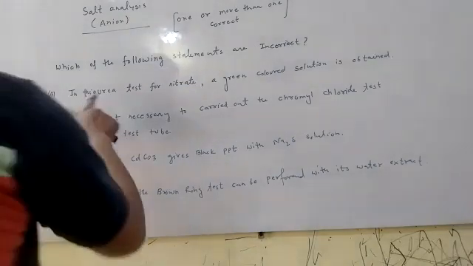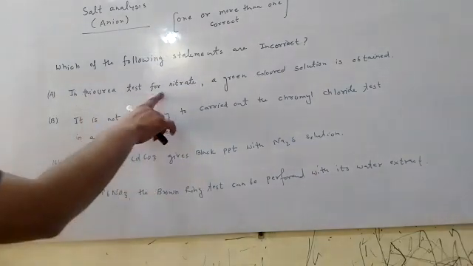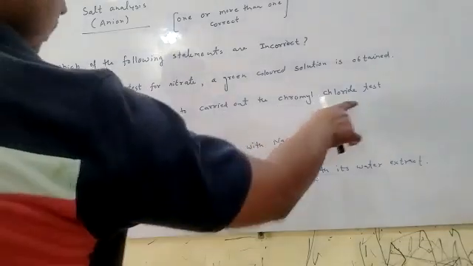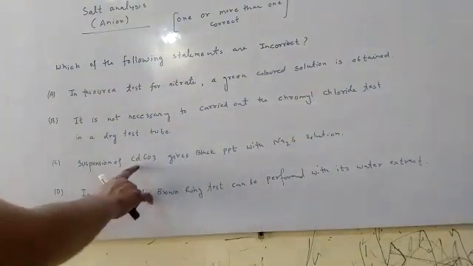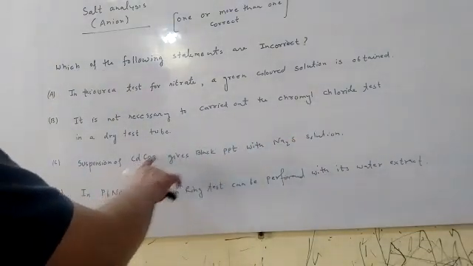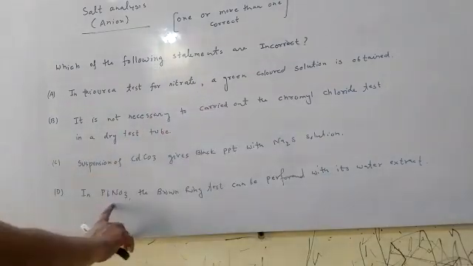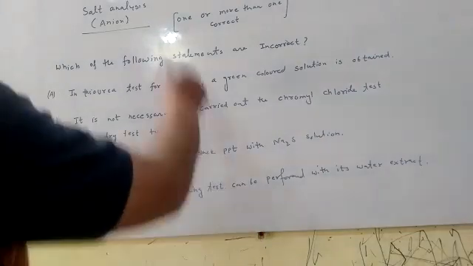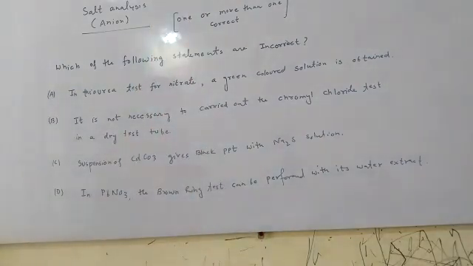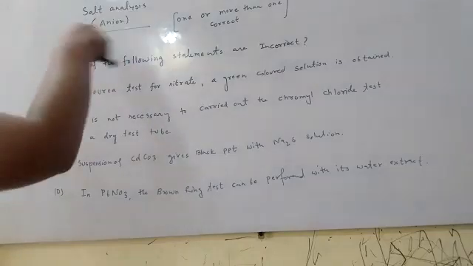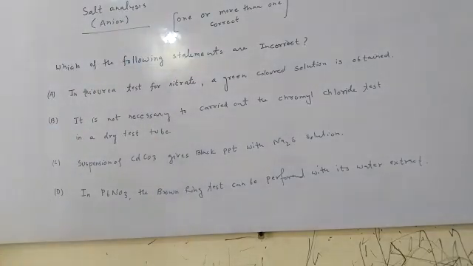In this point I discussed the thiourea test, in this point the chromyl chloride test, and this is about the reaction of CdCO3 with Na2S, color of sulfides, and in Pb(NO3)2, the brown ring test. Understood? You just open in one tab the salt analysis anion theory notes.